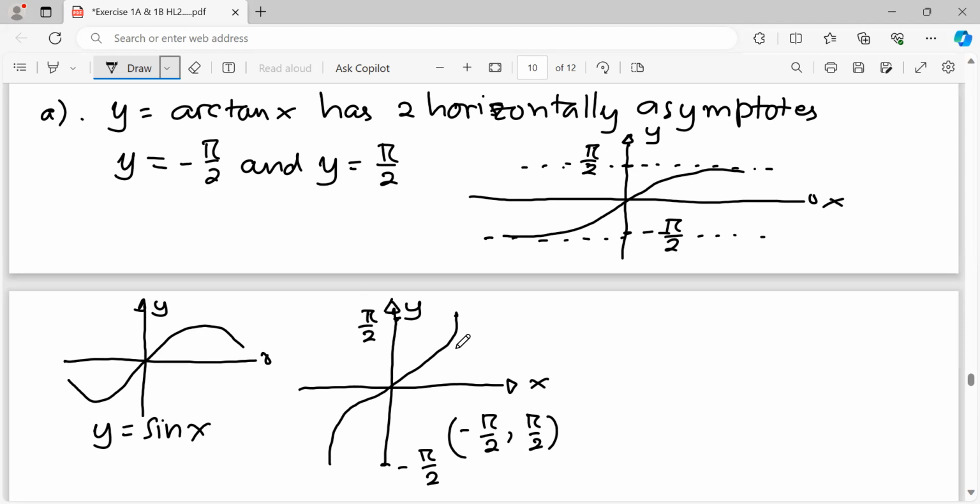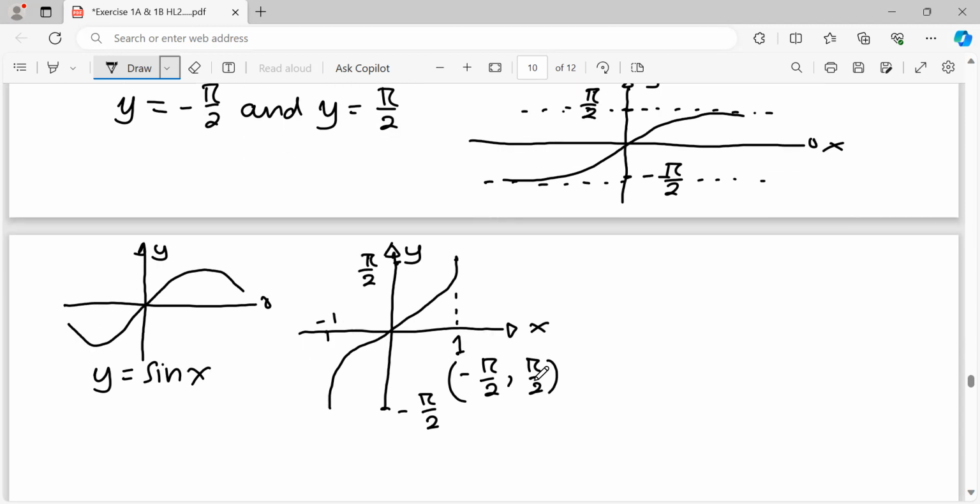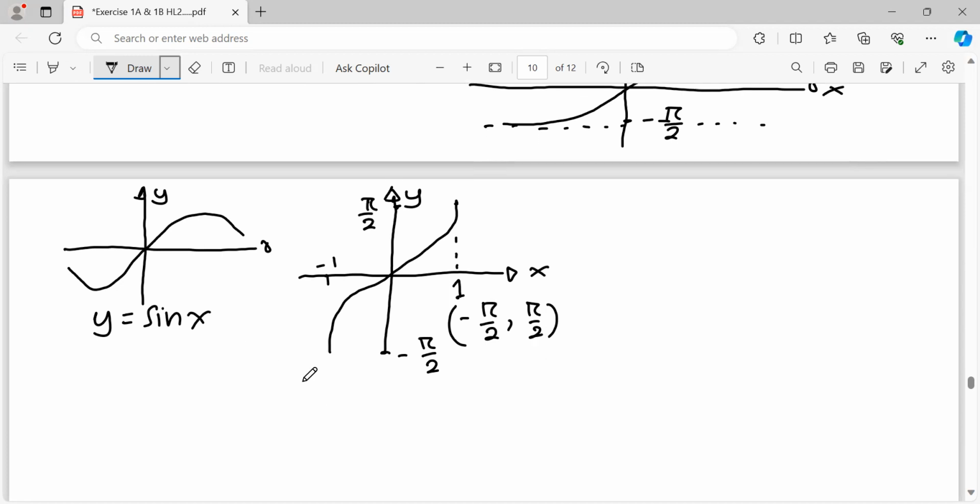Its domain is minus 1 to positive 1. So this is the graph of y equals arcsine x, and there is no asymptote.